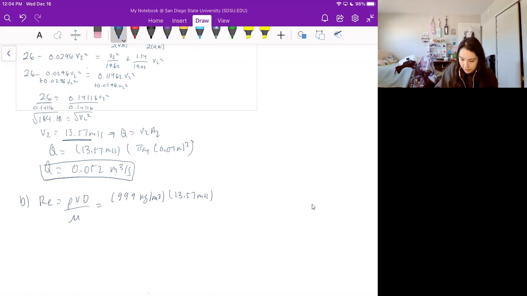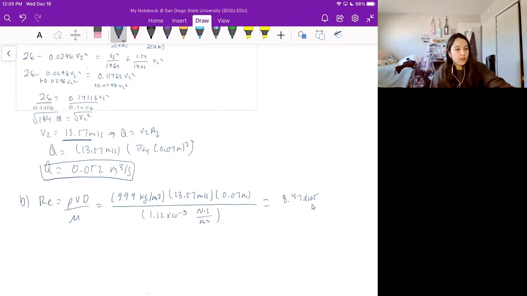times the diameter, which is given to us, of 0.07 meters, divided by mu, which is 1.12 times 10 to the negative 3 newton seconds per meter squared, which is also found in the table in the book. And when we do this, we get a Reynolds number of 8.47 times 10 to the 5th.